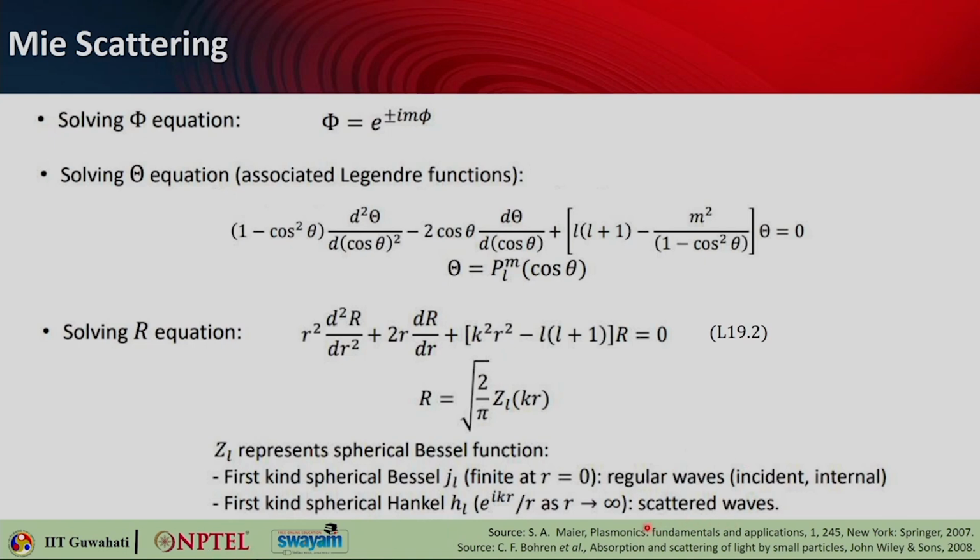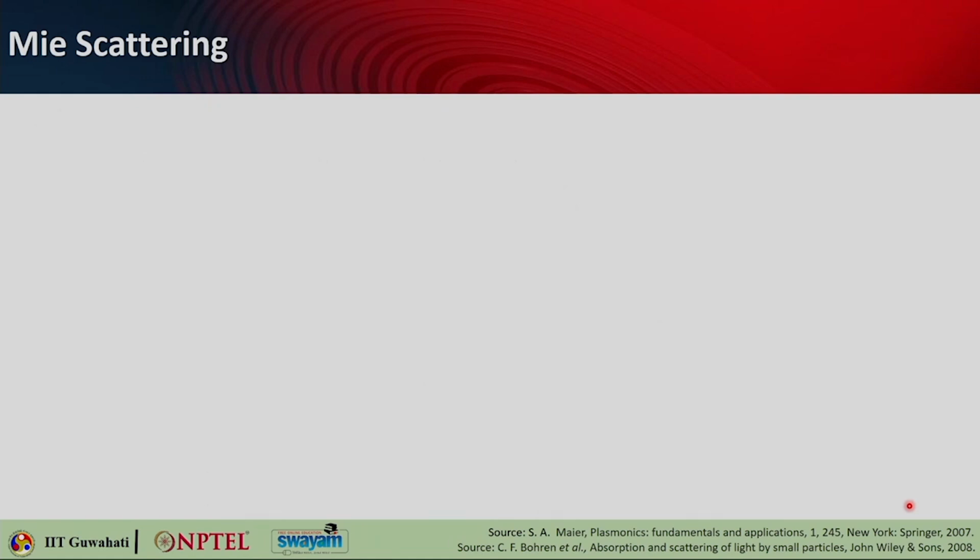For the scattered waves you can use the spherical Hankel function, h_l. What is the speciality of this function? It can be written in the form e to the power i k r over r as r tends to infinity. So, you can understand that the scattered wave at infinity will die down and go to 0.